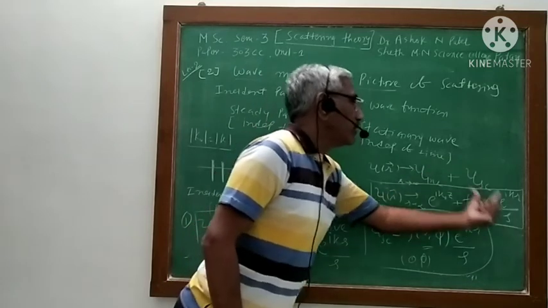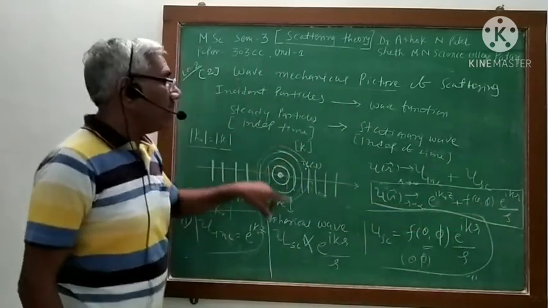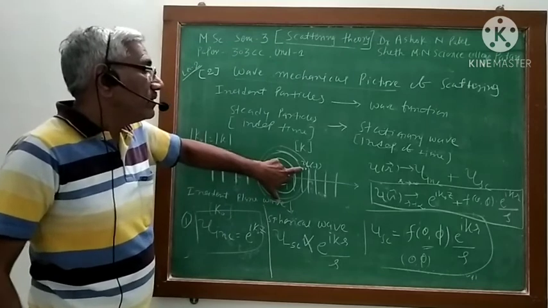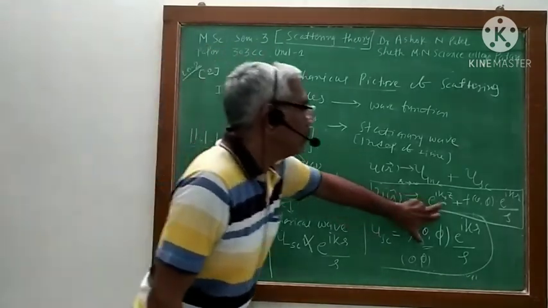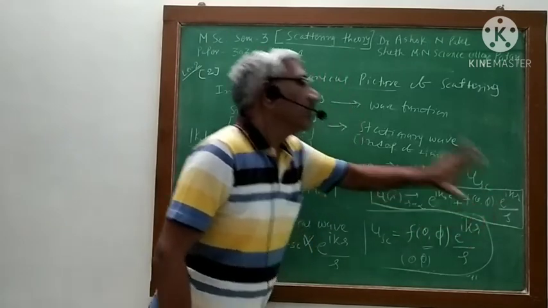U incident means this, u scattered means this. So the resultant wave function at a particular point is the incident part plus the scattered part.